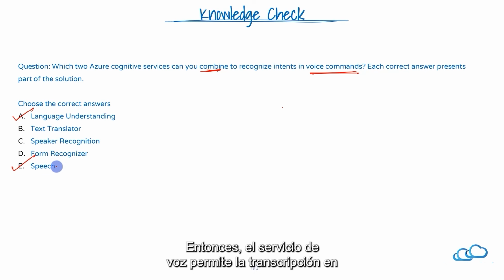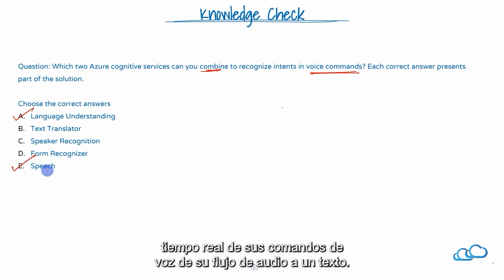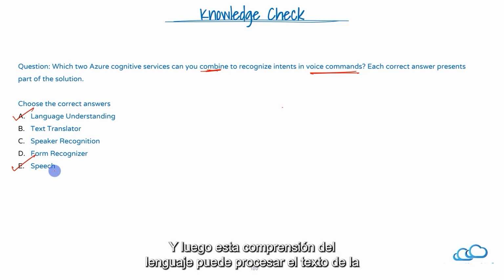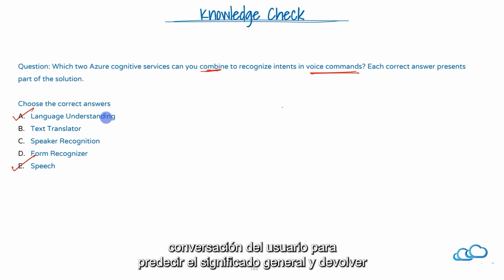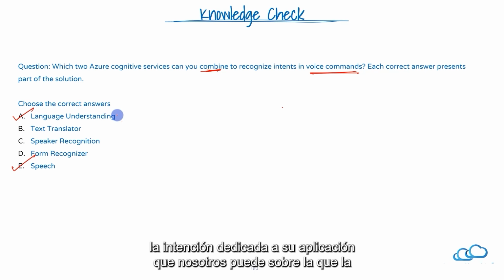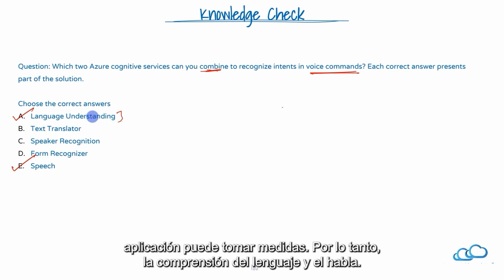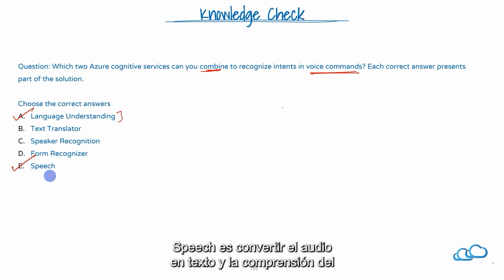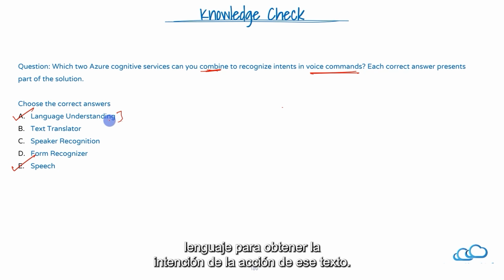So the speech service enables real-time transcription of your voice commands from your audio stream into text, and then language understanding can process the user conversation text to predict the overall meaning and return the intent back to your application, which your application can take action on. So language understanding and speech. Speech is to convert audio to text, and language understanding to fetch the intent, the action from that text.